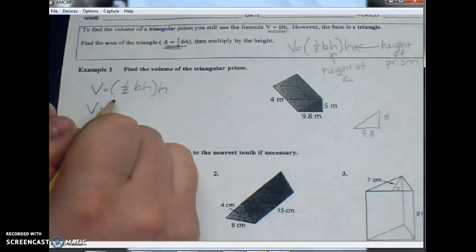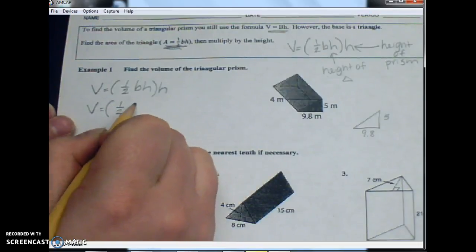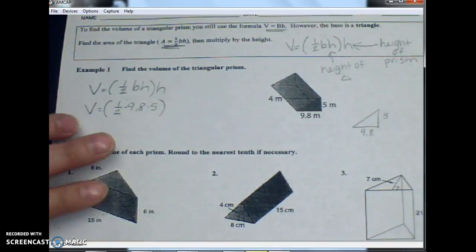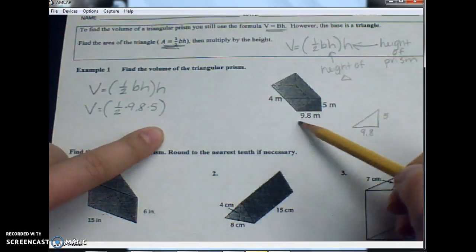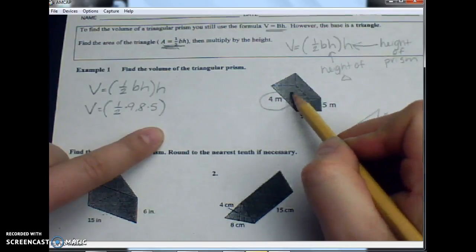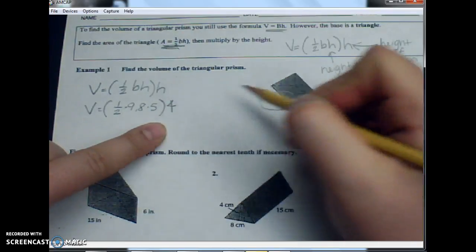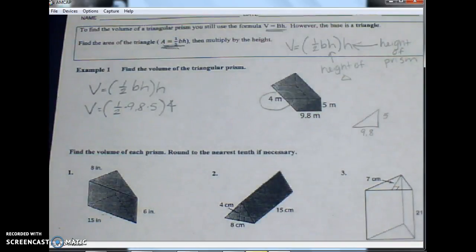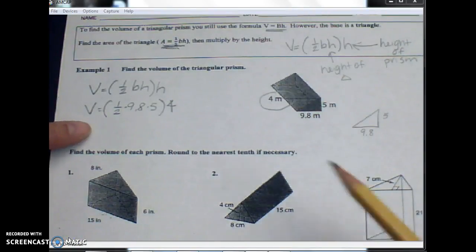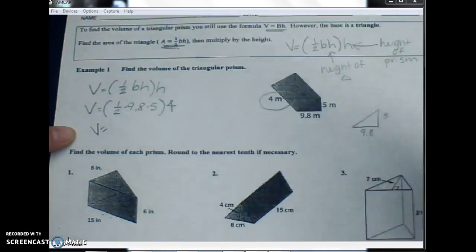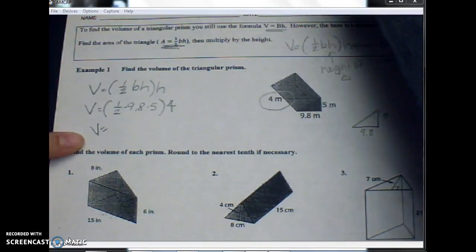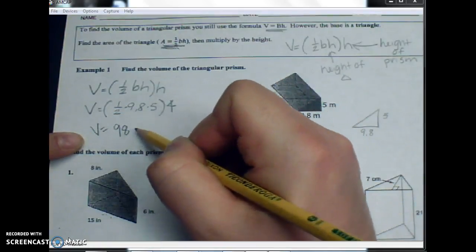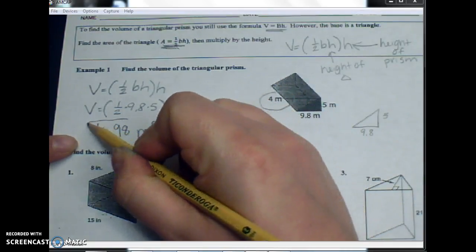So the area of the triangle is 1/2 times 9.8 times 5, and then we multiply by the height of the prism. Remember that the height of the prism is this number out here that connects your two triangles together. So I'm going to finish this out and say volume equals, and type that in my calculator.